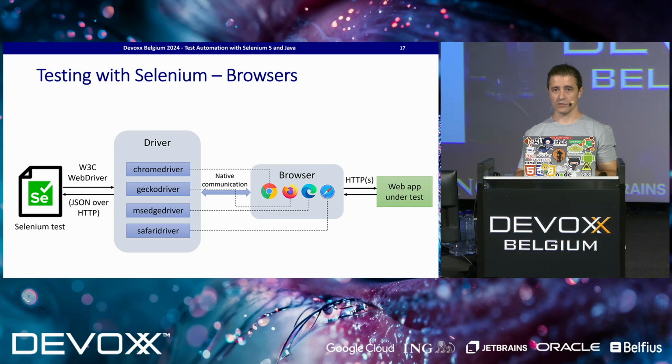This specification is a communication protocol based on JSON messaging over HTTP. It started in the Selenium project, and with time, it has become a standard. That's a great achievement, in my opinion, of the Selenium project, that this protocol is now a standard that browser vendors should follow in order to provide capabilities for browser automation through tools like Selenium.